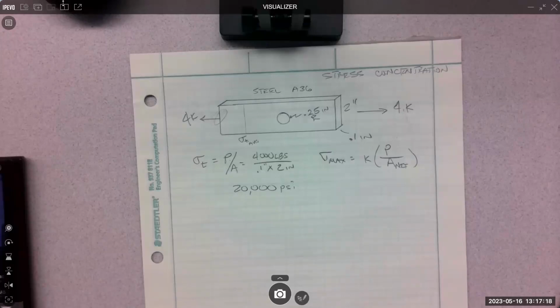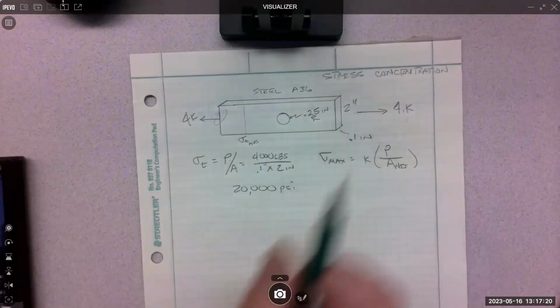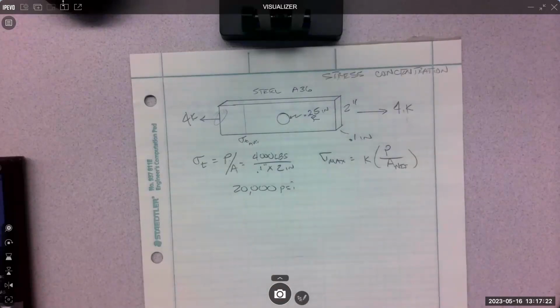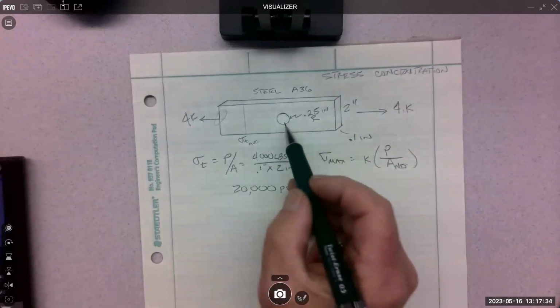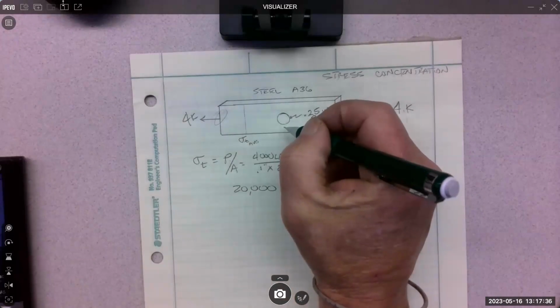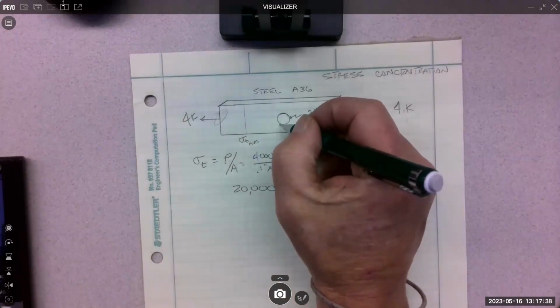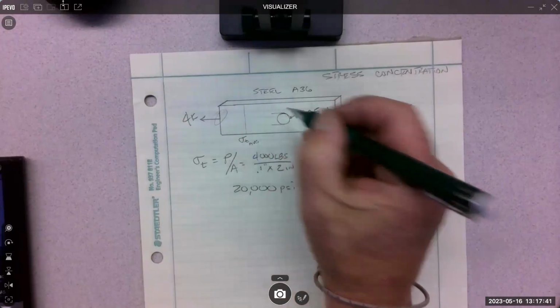I'll do it again. 0.1 thick times 2 divide. Yeah, 20,000. Okay. So then the next thing, when you see this kind of thing, we're going to need to know the stress next to this hole.